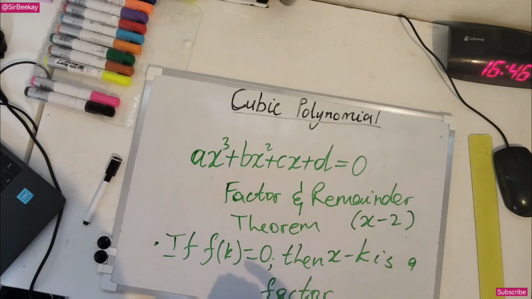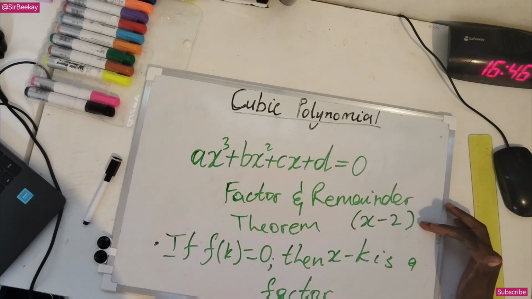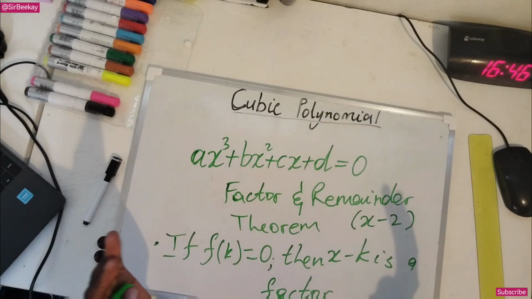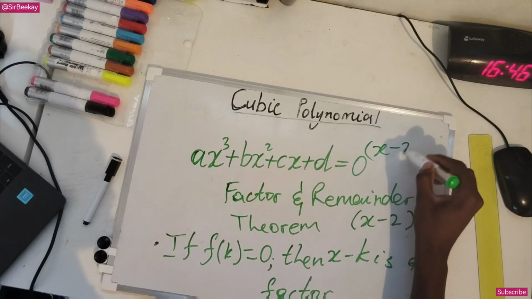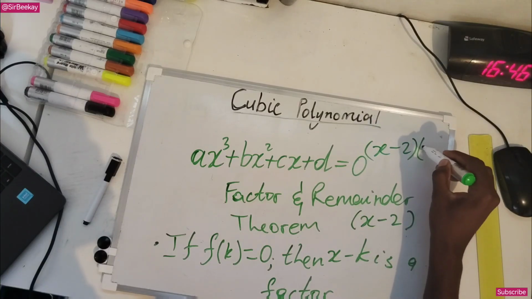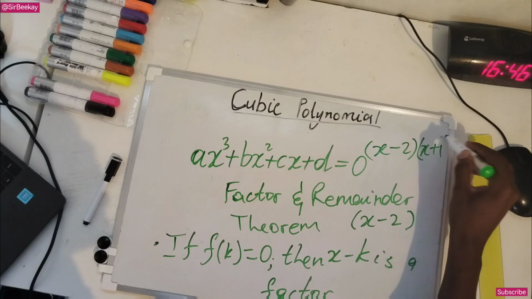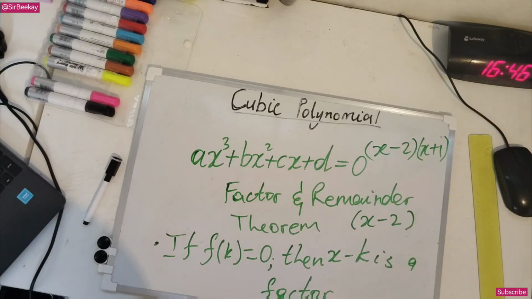You remember, we always find that our roots are in this fashion, whereby we have x minus 2 and x plus 1 for a particular quadratic equation.